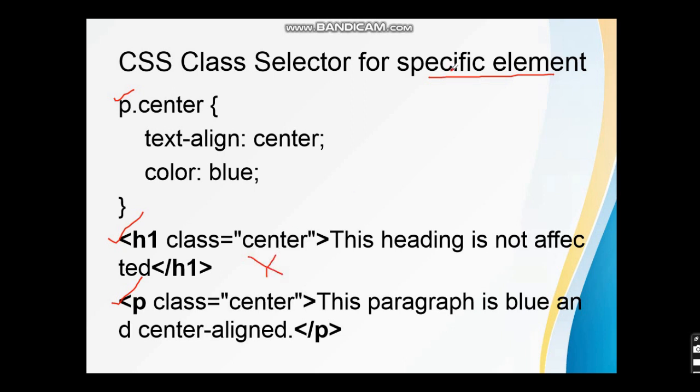Since it is a class selector for a specific element, and that specific element here is the paragraph. So in the paragraph where I make use of class equals center, this paragraph is blue and centered. So this is affected, or formatted according to the defined rule.